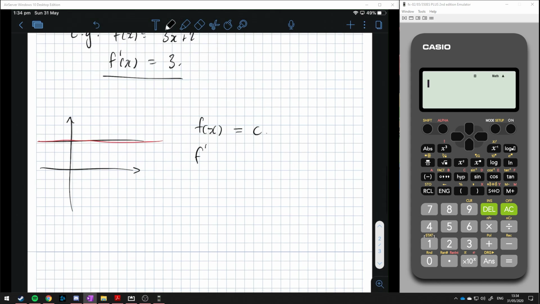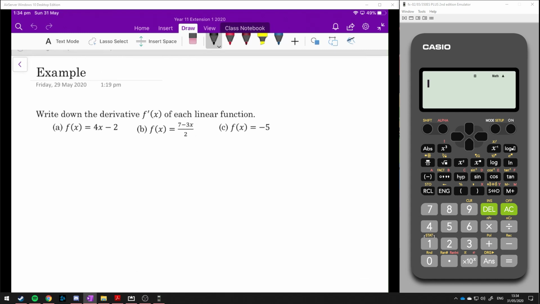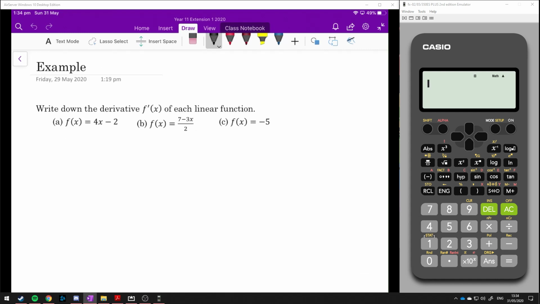Then what's the derivative of our horizontal line? It's just 0. So the derivative of a constant function is just 0, because a horizontal line has a gradient of 0.